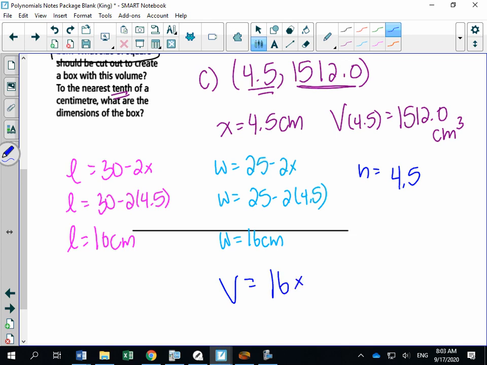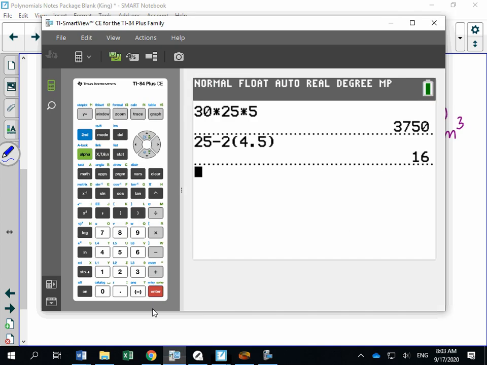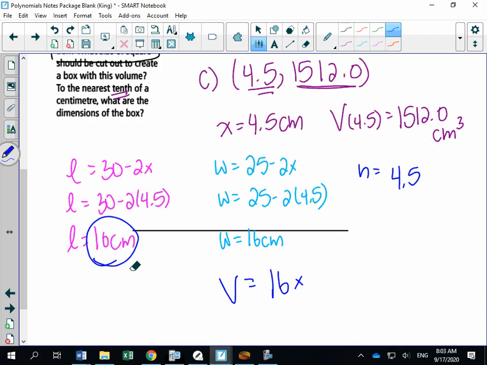I feel like I did the length wrong. I've got to double check this guy. 30 minus 2 times 4.5. Let's check that one. 30 minus 9, this should be 21. Okay, so we have length times width times height.